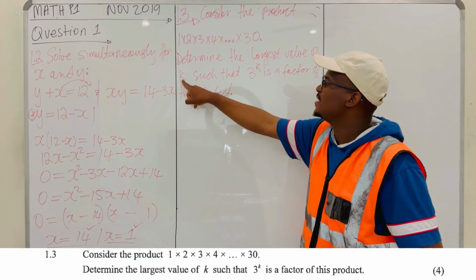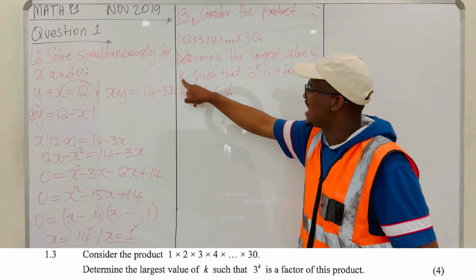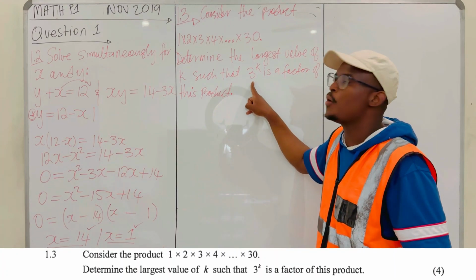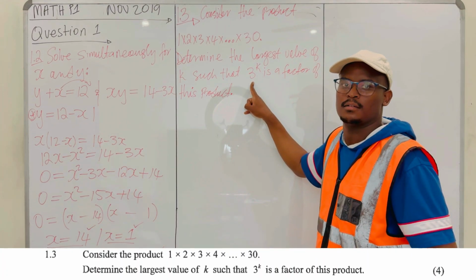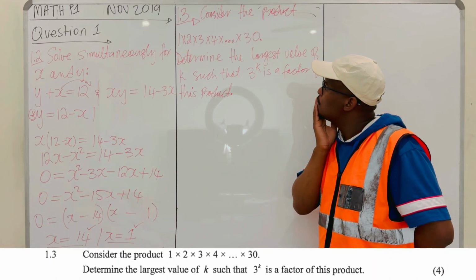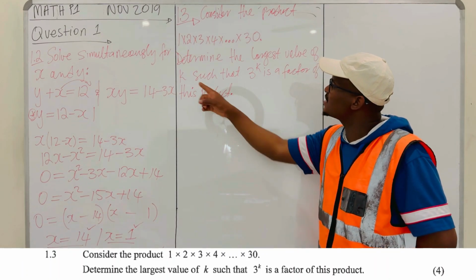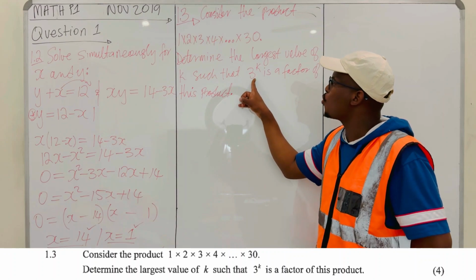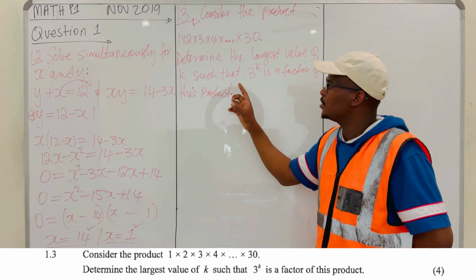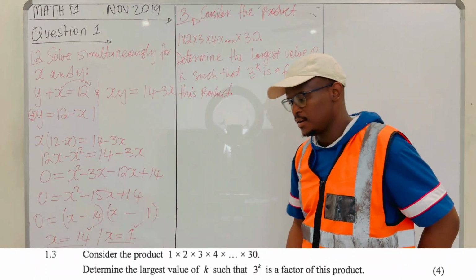If k is the largest value, then this will be the highest power of 3. No problem. So they want us to find the largest value of k that we can raise 3 to, so that this is a factor of this product over here.